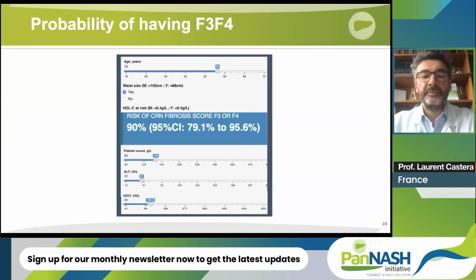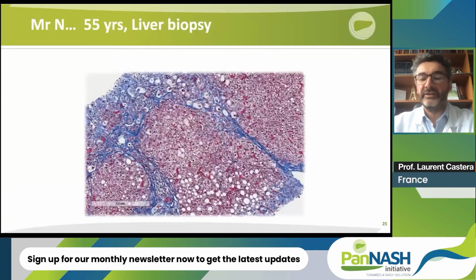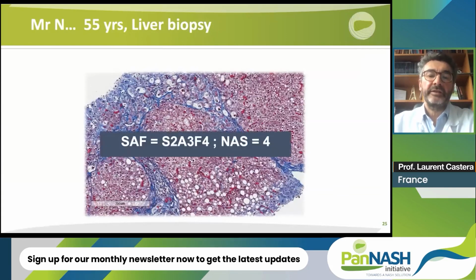So very high, and these patients should be referred to the hepatologist. Actually, this is what has been done. A liver biopsy has been performed. And as you can see on this slide, he has cirrhosis and a SAF score of S2, A3, F4 with a NAS of 4. So he would be a candidate for pharmacological treatment once the drug is approved.